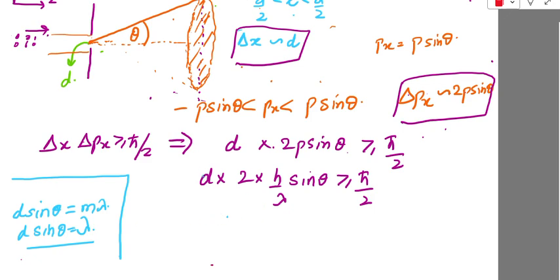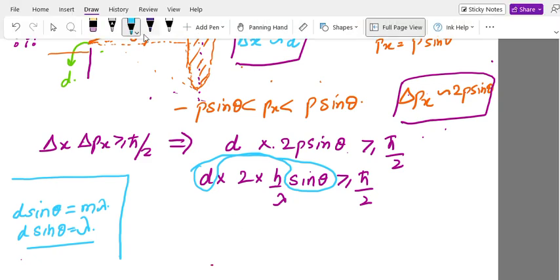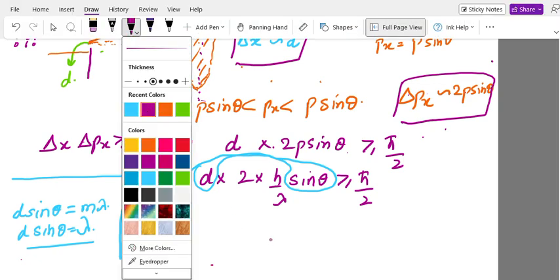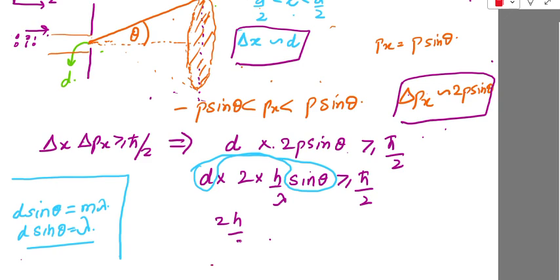It is very easy now. Let's combine these two terms: 2h by lambda into lambda, which is greater than h cut by 2.